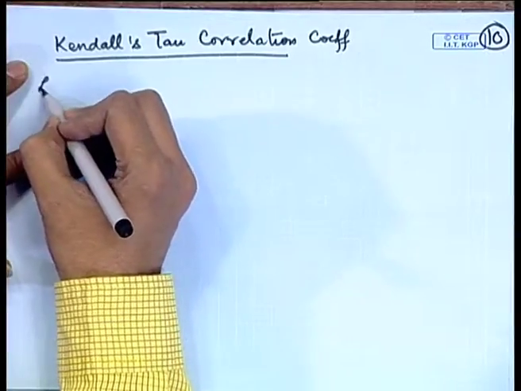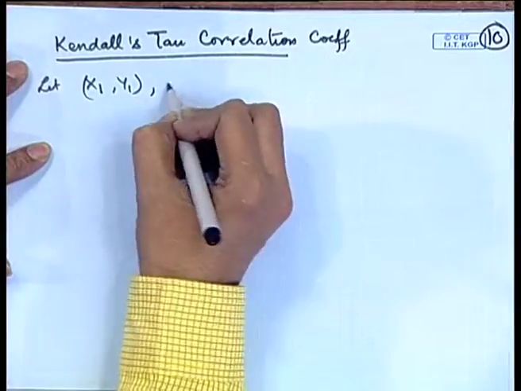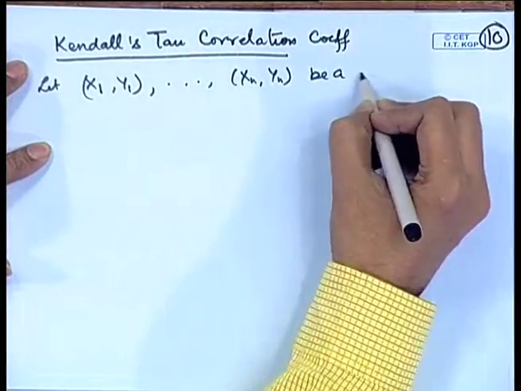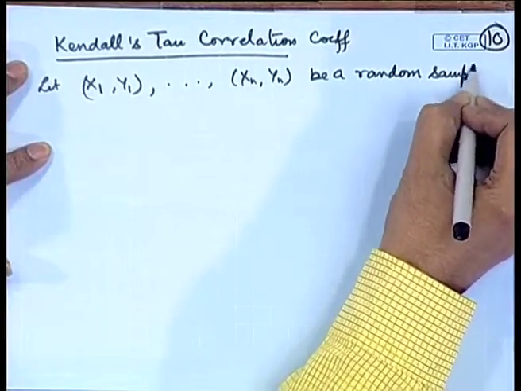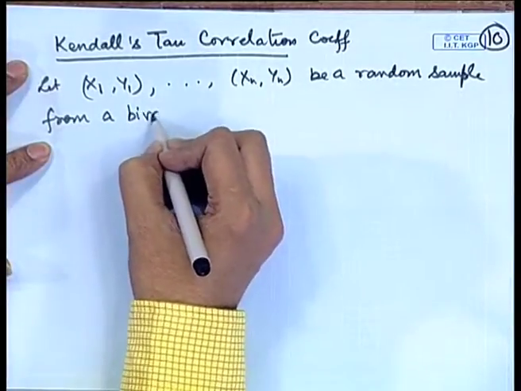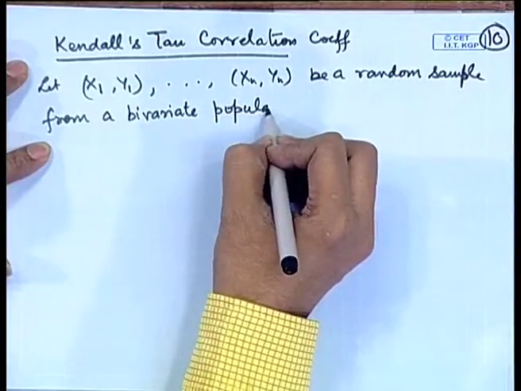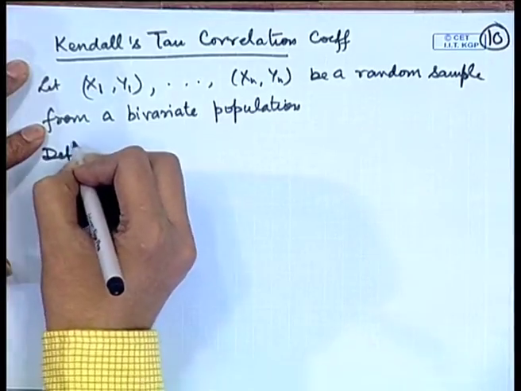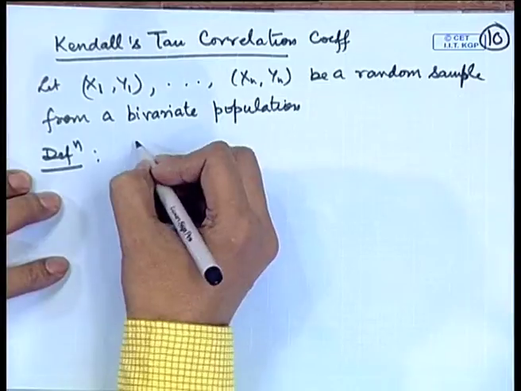So, let (x1, y1), (x2, y2), ..., (xn, yn) be a random sample from a bivariate population. So, we have the following definition for concordance or discordance.